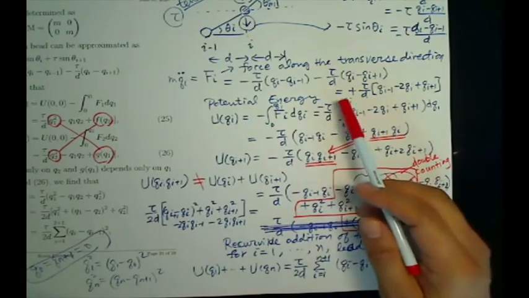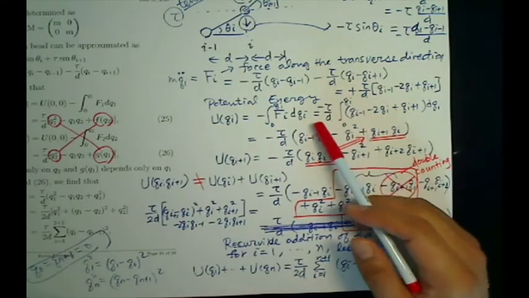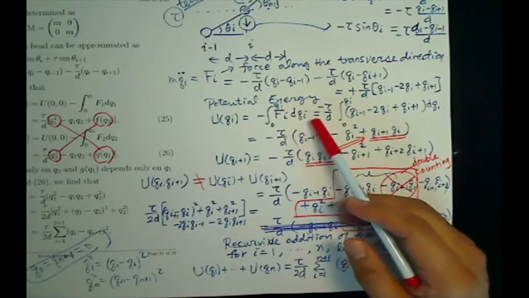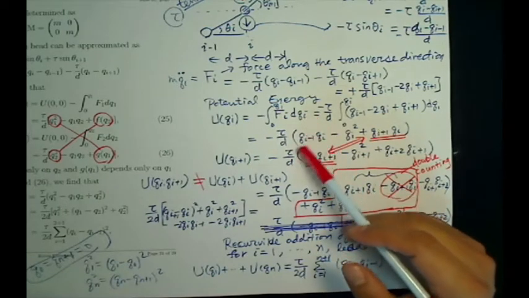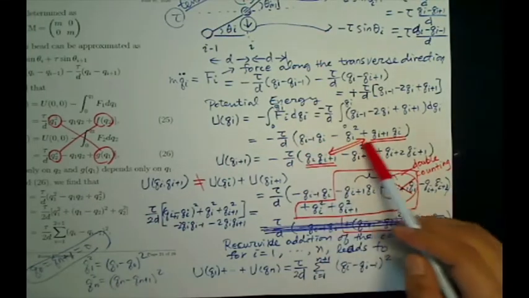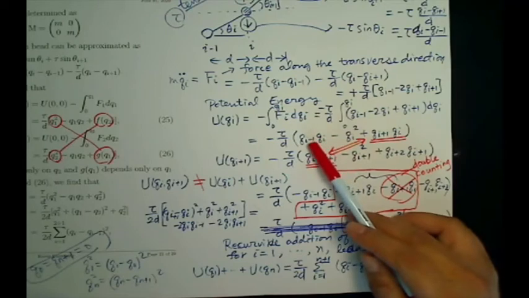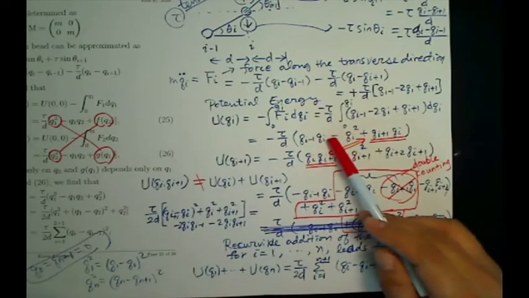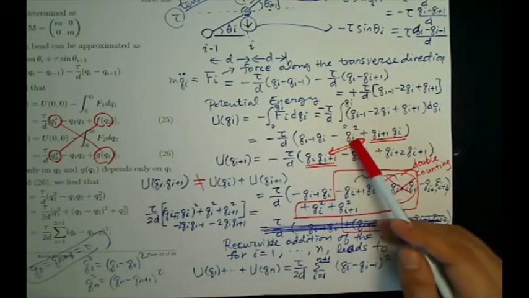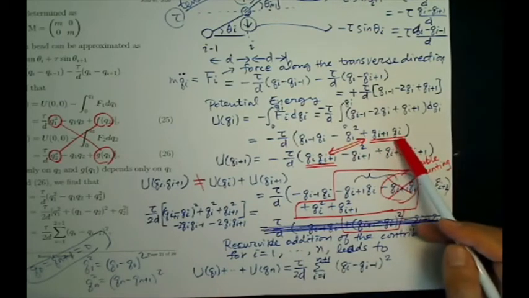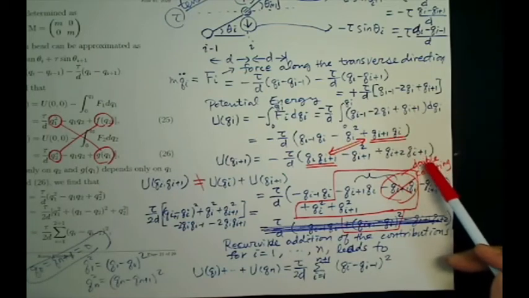For example, this can be done by replacing i with i plus 1. So the i minus 1 became i, became i plus 1, and qi becomes qi plus 1 squared, and this one qi plus 2 and qi plus 1, something like that.